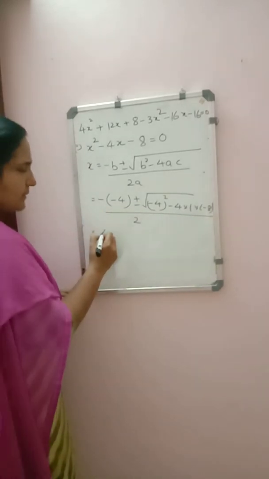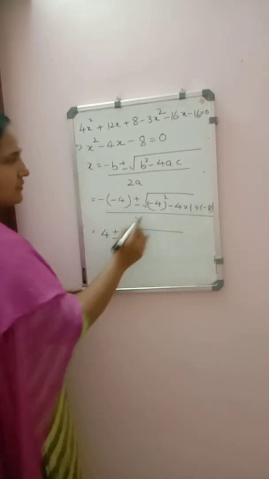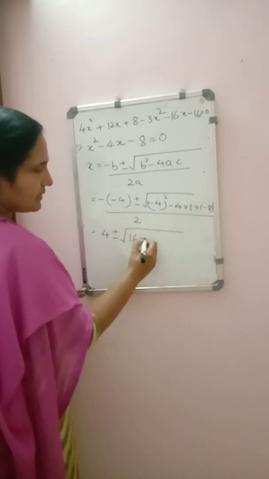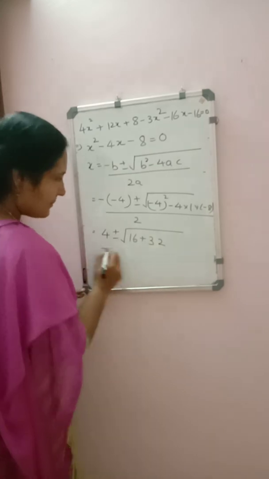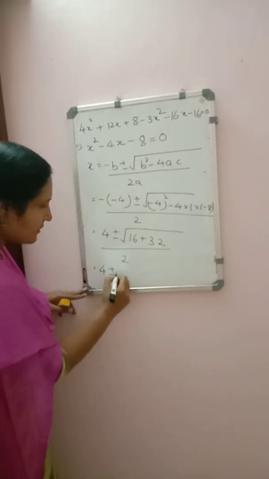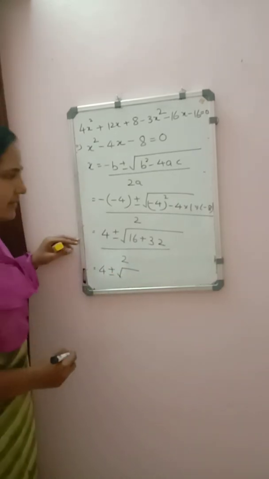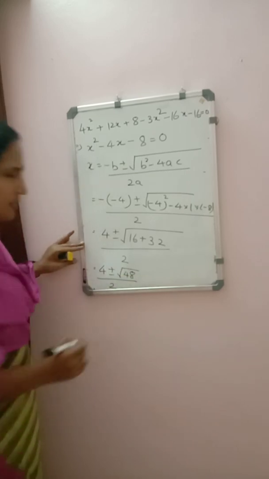Minus into minus plus. So plus 4 plus or minus square root of 16, minus into minus will become plus, 4 8s are 32, by 2. 4 plus or minus square root of 16 plus 32, we can add. So it will be equal to 48 whole divided by 2.